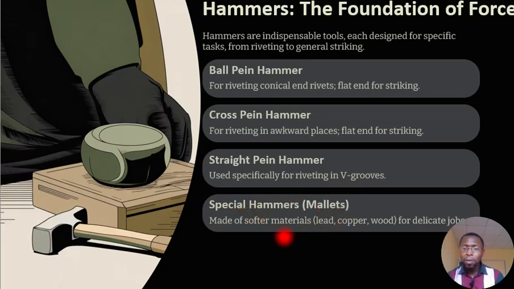The mallet is of softer material because it's used for driving delicate objects that are very soft. So you don't make use of this when you are dealing with hard objects.